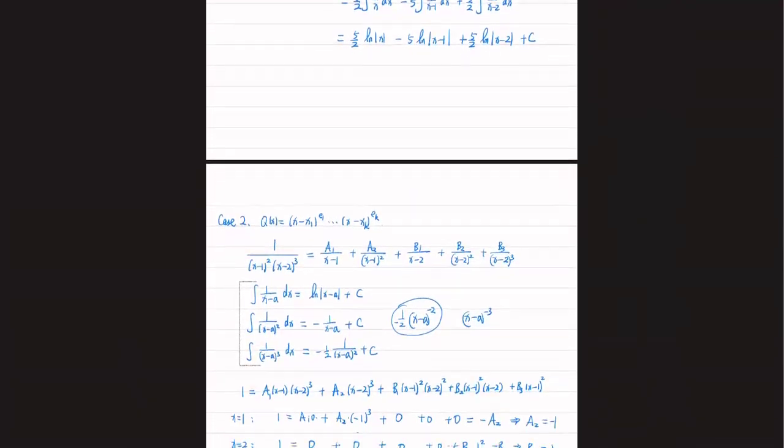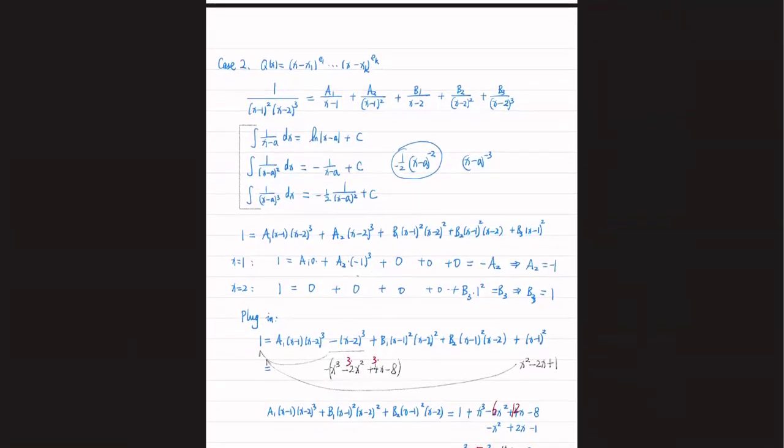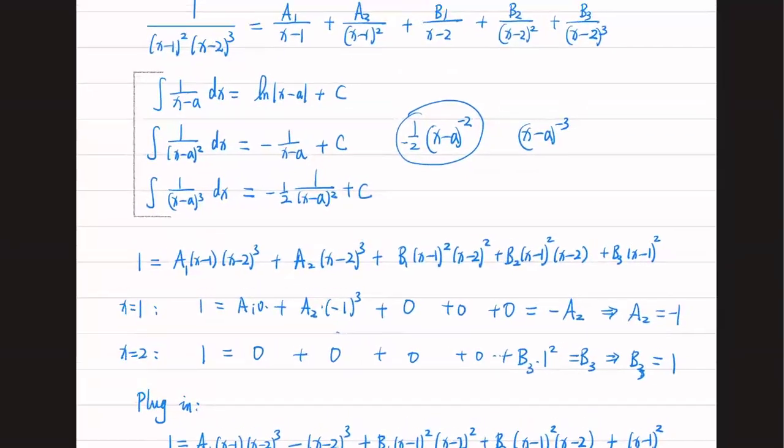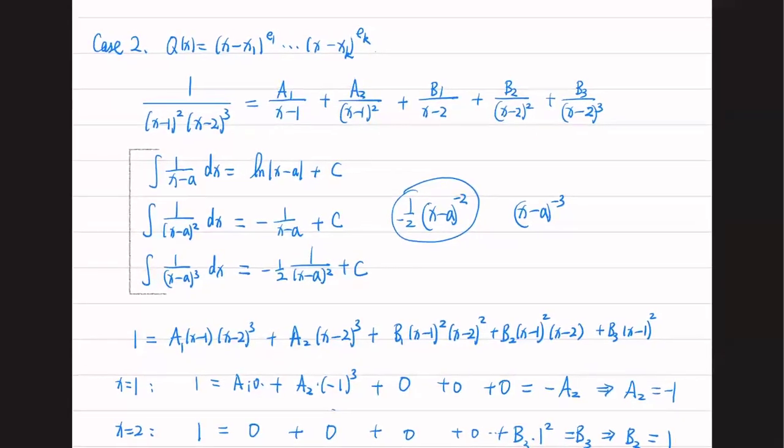So if there are repeated roots, we set this up from the linear first order, second order, first, second, third, to however many orders we have, however many terms we need. We find all the coefficients.